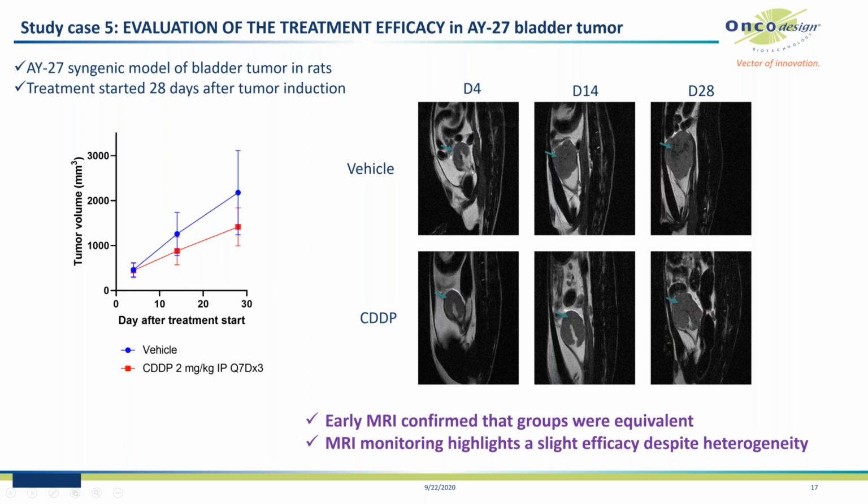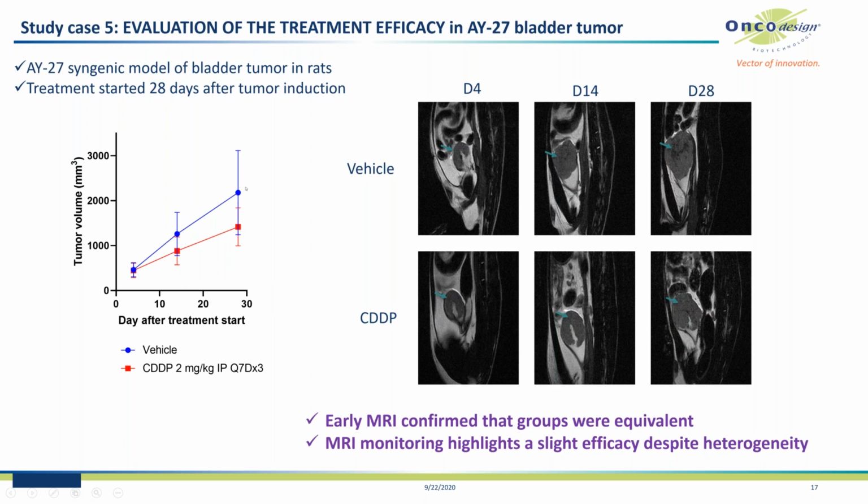So in this study, when the treatment started, randomization was not based on MRI, but an MRI done a few days after treatment start shows that the groups were equivalent at the beginning of the treatment.